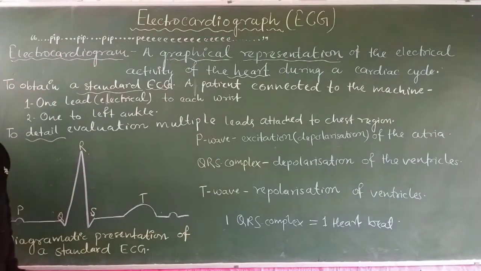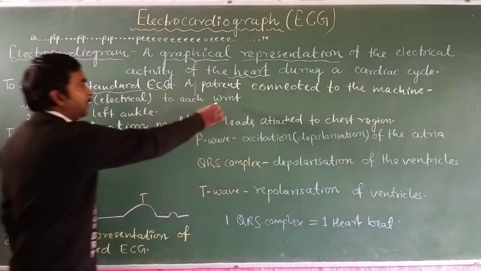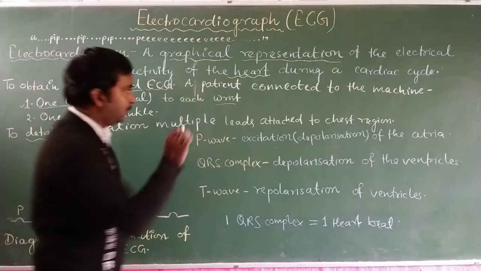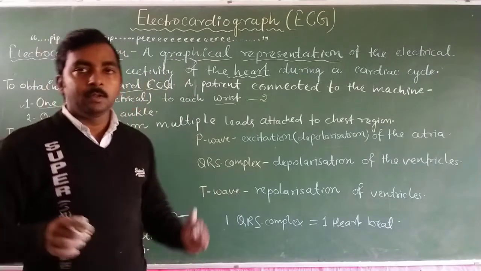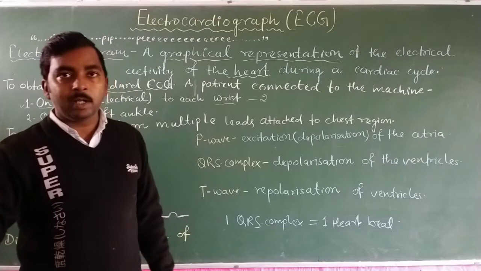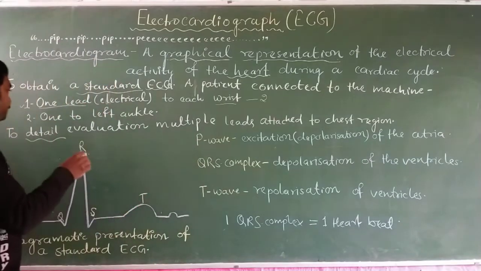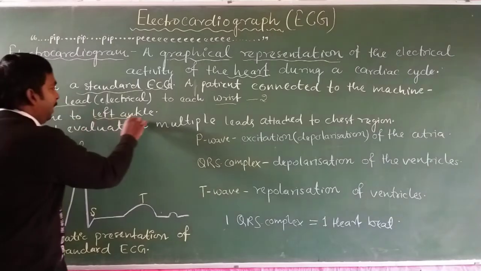Now, what are the three electrical leads connected to our body, and to which parts of the body? First, one lead to each wrist. It means there are two leads, one to the left wrist and one to the right wrist, and one to the left ankle.